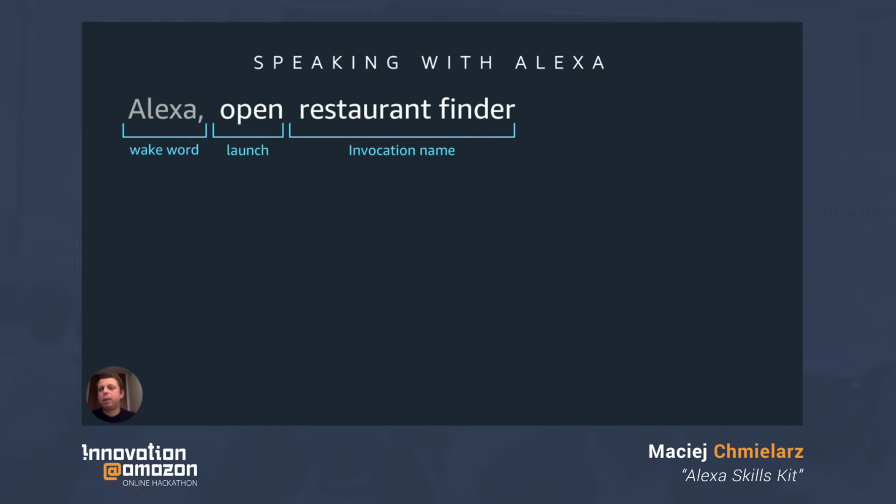For example, they can say, Alexa, open Restaurant Finder, where Restaurant Finder is the invocation name, the name of the skill that should be used. There are also other words possible to invoke the skill. The user can say, Alexa, start, launch, begin, resume, ask, or tell, and then the skill name, and all of that is going to invoke the skill.